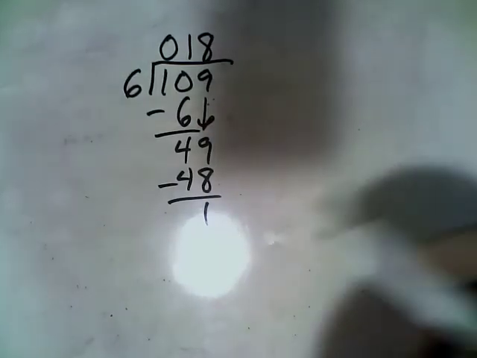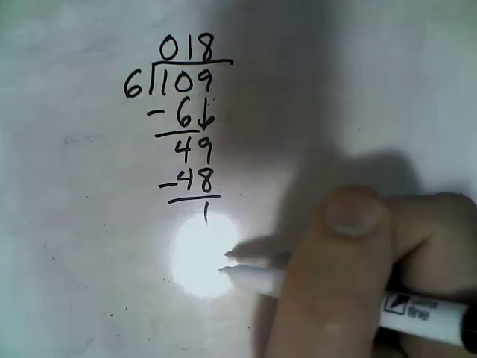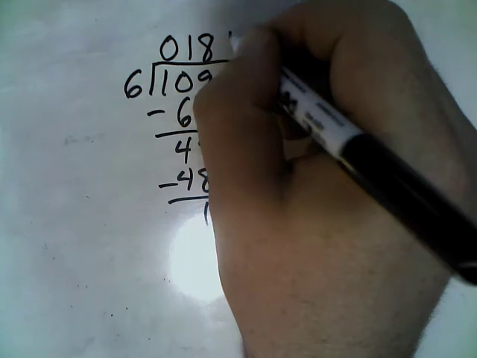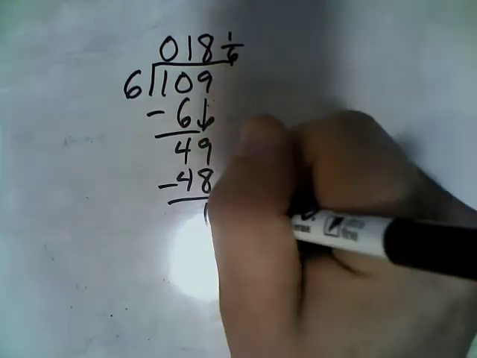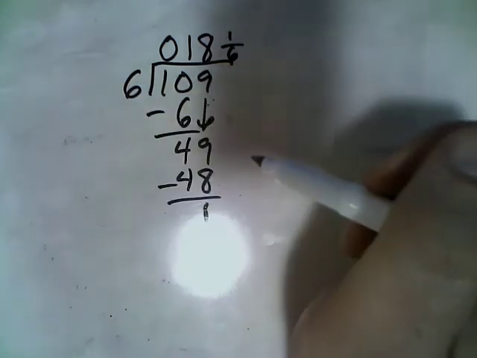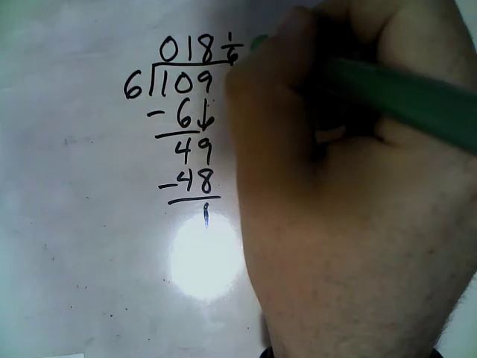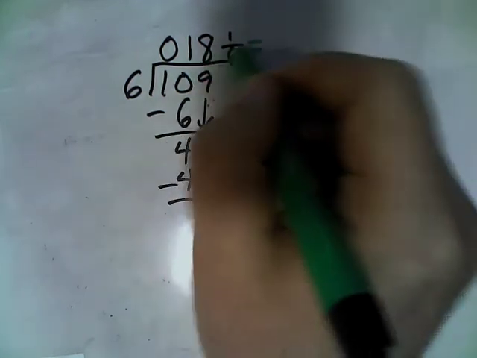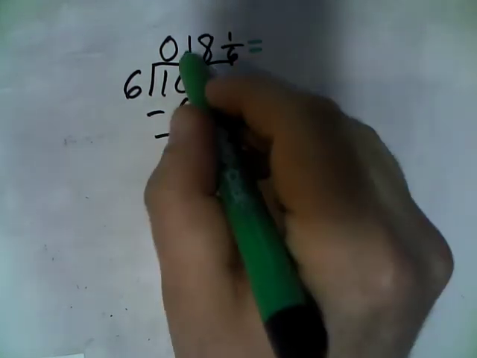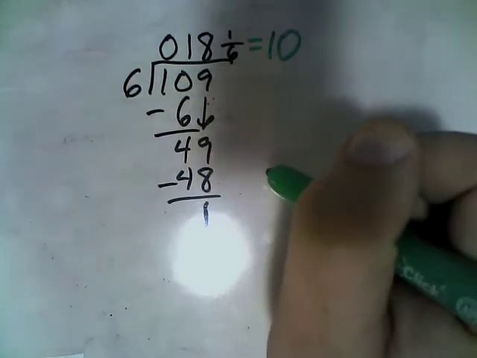So 1. So remember, ladies and gentlemen, what do we do with this leftover here? Well, this leftover becomes a fraction. So this becomes the numerator of that fraction. The divisor is the denominator. Now, it's important as we translate into what this means for my polynomial to understand that if you look at each of these place values, this 1 here really tells me that I have one group of 10.